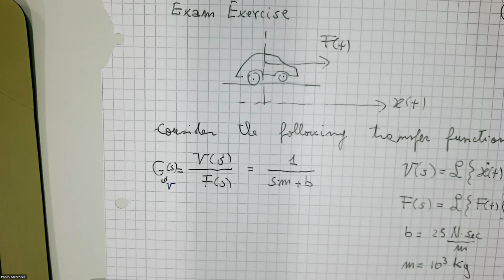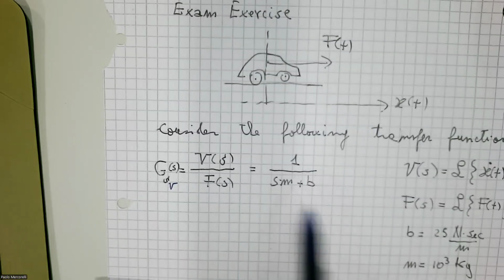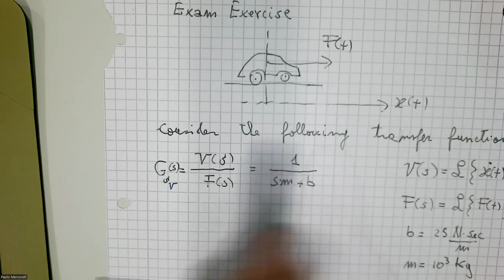But for us, it's important to understand that there is a factor which takes into consideration mechanical losses, but we don't consider in detail this phenomenon because this phenomenon is strongly nonlinear. Do you remember Coulomb friction, LuGre friction? It's extremely complicated. Tribology, there are whole chairs and laboratories in tribology. For us, in this exam, it is a linear model. The linear model basically collapses in this B here.